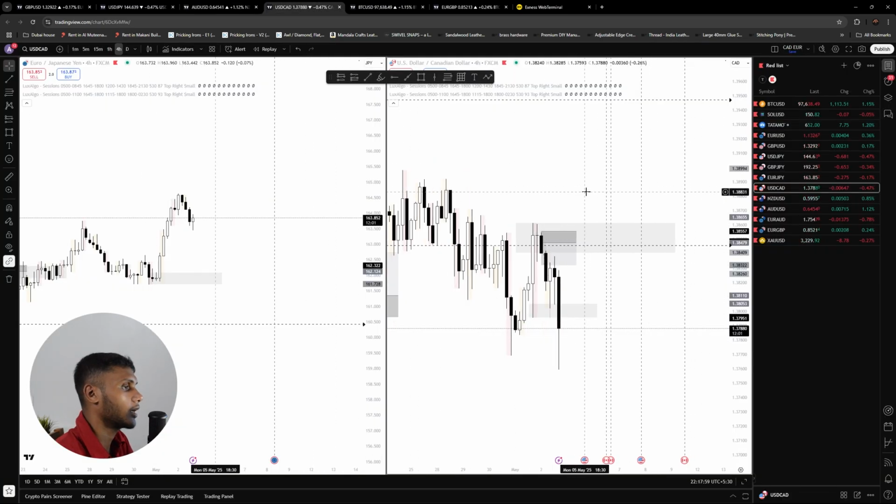USD Swiss franc, the reason I don't want to be trading that is because the news events are weird in that. Like, I would not know that there is a news event and there will be some random spike. So that's what happened. I did not place the pending order.